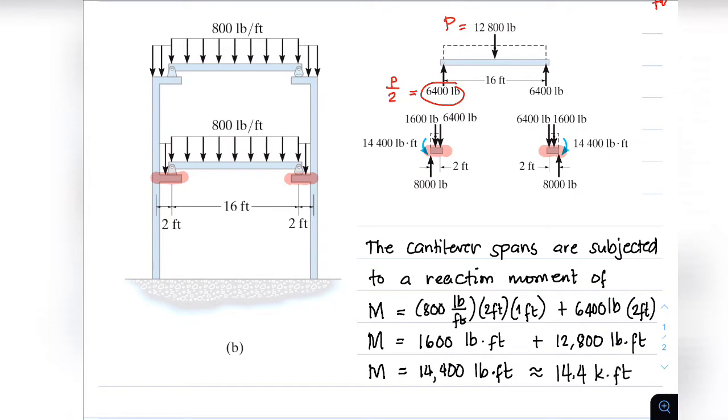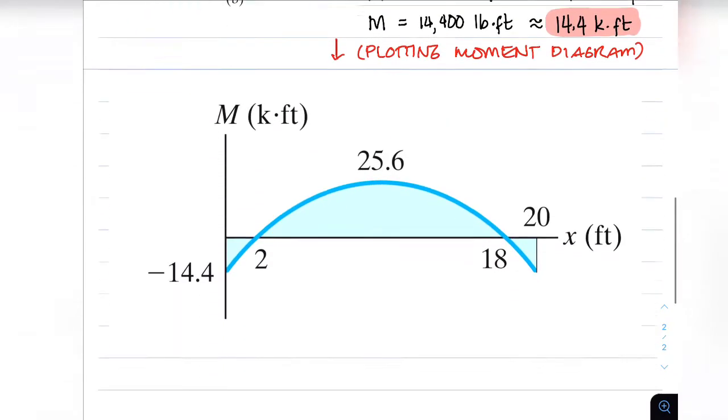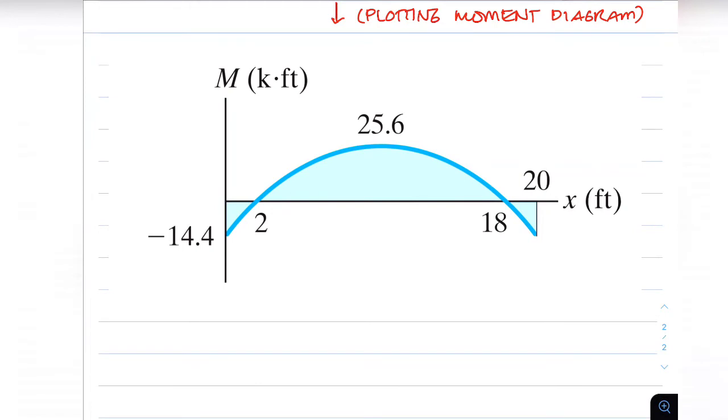This will give us a value of 14,400 pound-feet, or approximately 14.4 kip-feet.